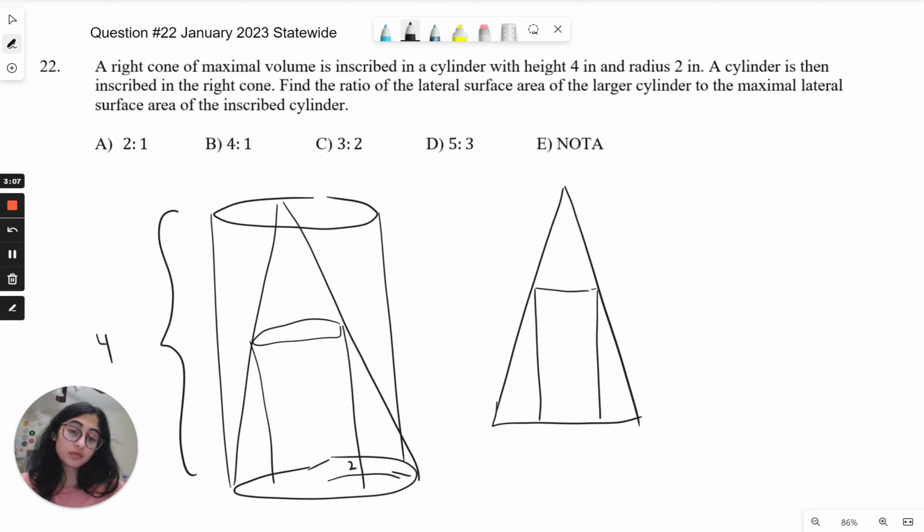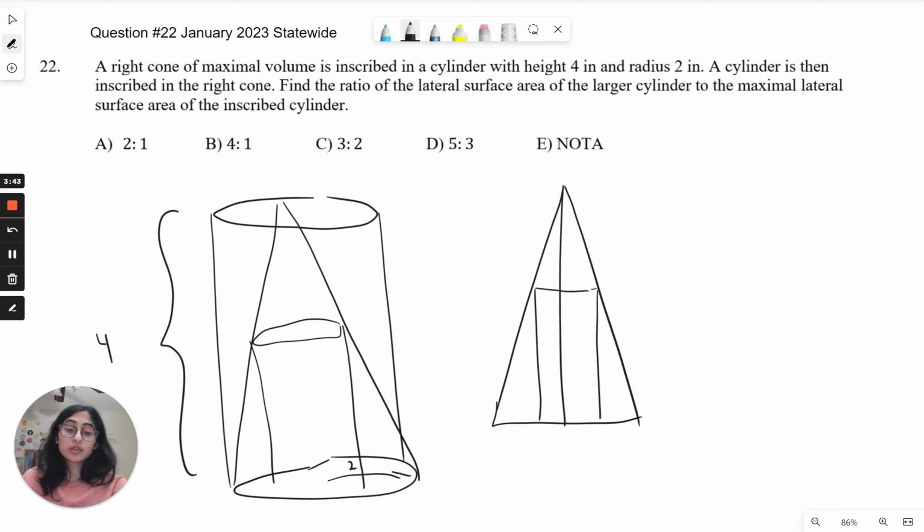But essentially, we can use similar triangles. This triangle right here is similar to this triangle right here because this is a rectangle, or at least it's supposed to be a rectangle. If I were to cut it down the middle, it would be parallel to this side, making these two corresponding angles congruent, and these two the same angle by the reflexive property, and this is also a 90-degree angle, 90-degree angle.